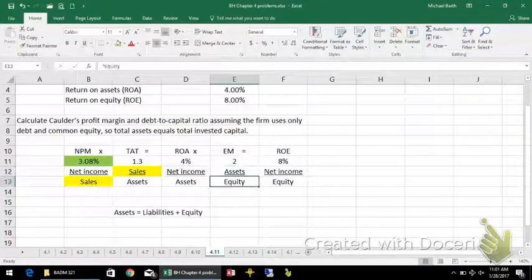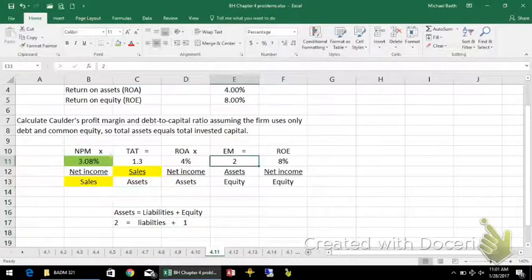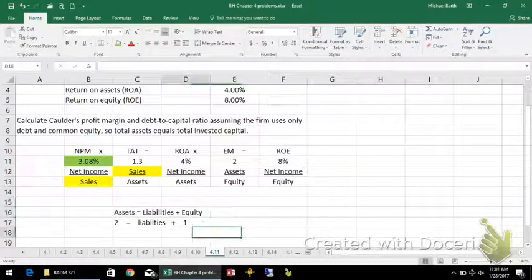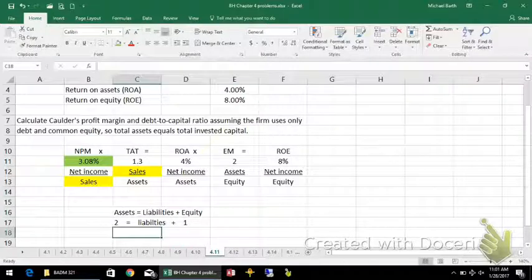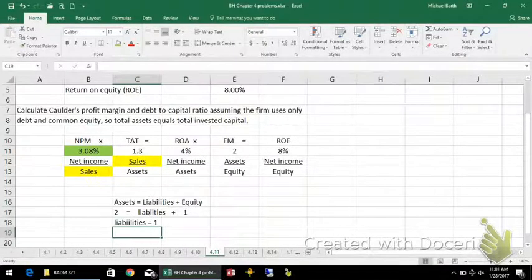Assets per dollar equity, there's $2 of assets for every dollar of equity, and those are funded with liabilities and equity. When this says 2, that's $2 of assets for every dollar of equity. That must mean that there must be $1 of liabilities for every dollar of equity as well.